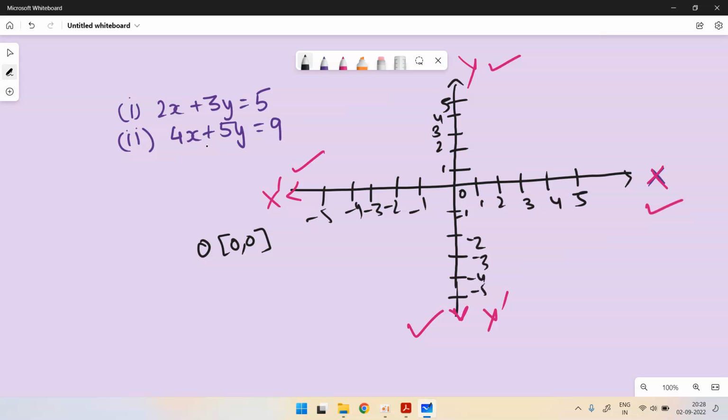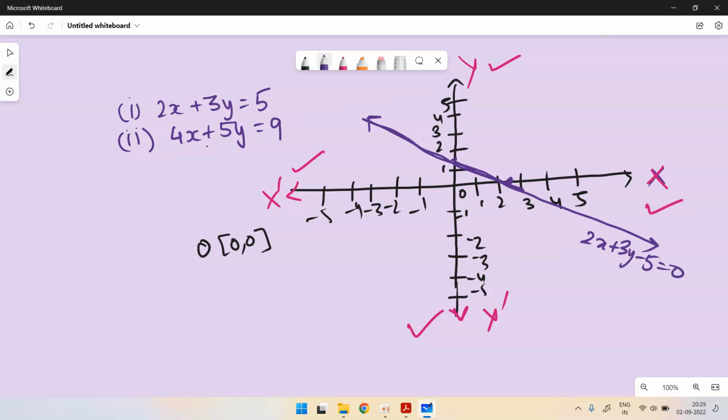So it was 2.5, something like here, I'm writing this point here, and this was 1.67, so some point here like this. If I join these two points, I will get the equation of the line. This is 2x plus 3y minus 5 equal to 0.